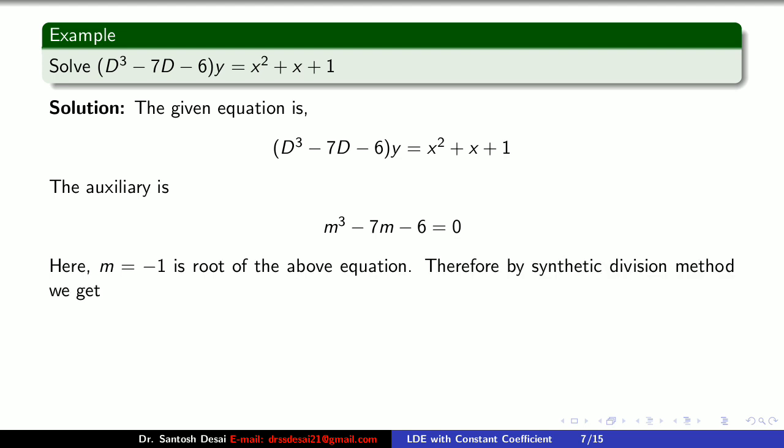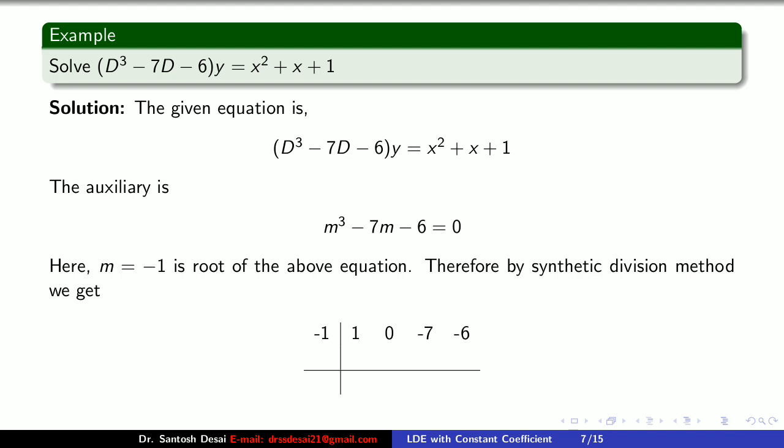Therefore by the synthetic division method, let us consider the coefficients of m in decreasing powers. First the coefficient of m cube, that is 1. There is no term of m square, so you put 0. Then the coefficient of m, that is minus 7, and then the constant term minus 6. Write the root m is equal to minus 1 to the left of the vertical line. So it is minus 1.